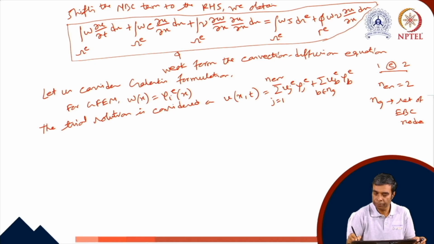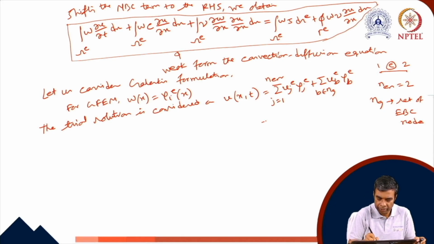So here this subscript b in ub represents the boundary nodes. Now this left hand side is a function of space and time. So certainly the right hand side of the trial solution also represents a function of space and time. We separate the terms in such a manner that we consider the degree of freedom to be a function of time and the shape function to be only a function of space.